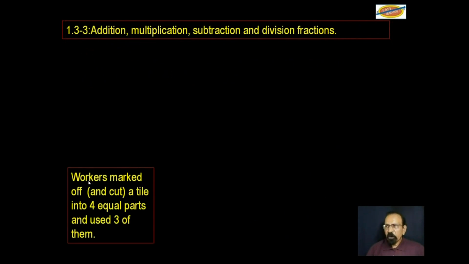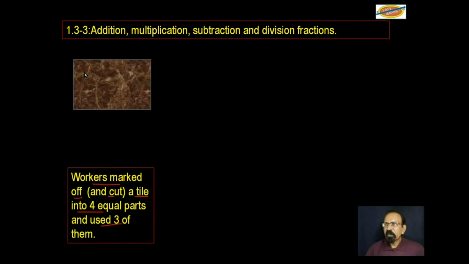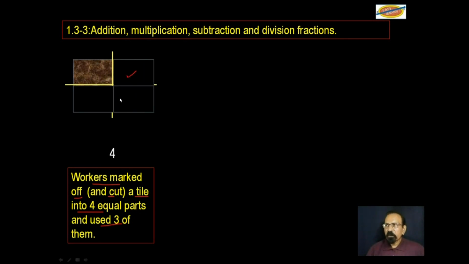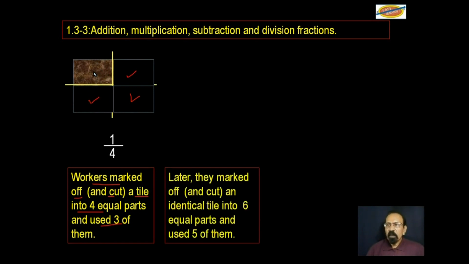Consider a situation where workers marked off and cut out a tile into 4 equal parts and use 3 of those equal parts. So if this is a tile, it's cut in 4 equal parts, and then they use those 3, so 1/4 or a quarter of that tile remains. Later, they marked and cut out identical tiles into 6 equal parts and use 5 of one of those.